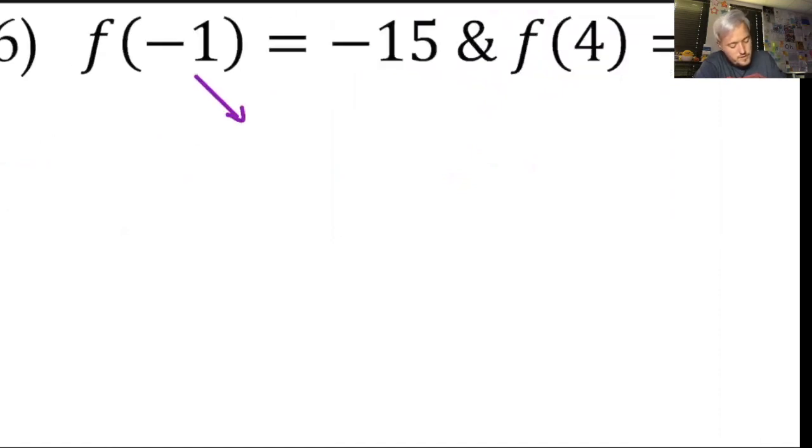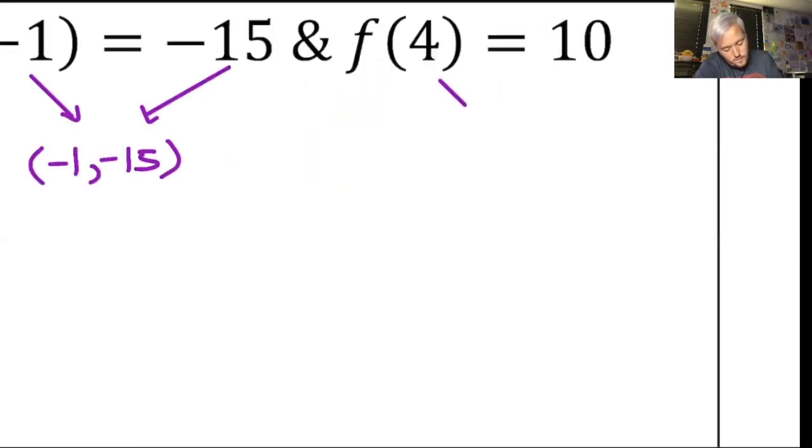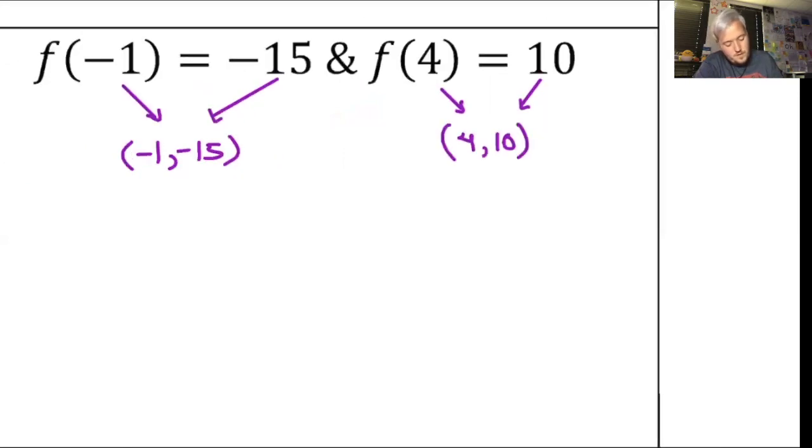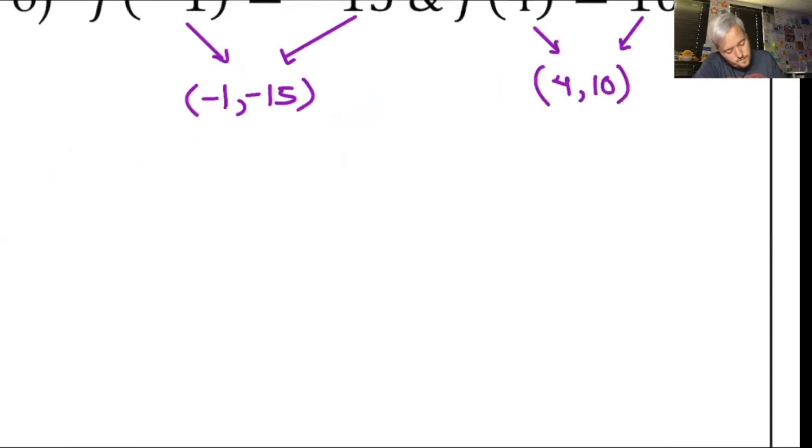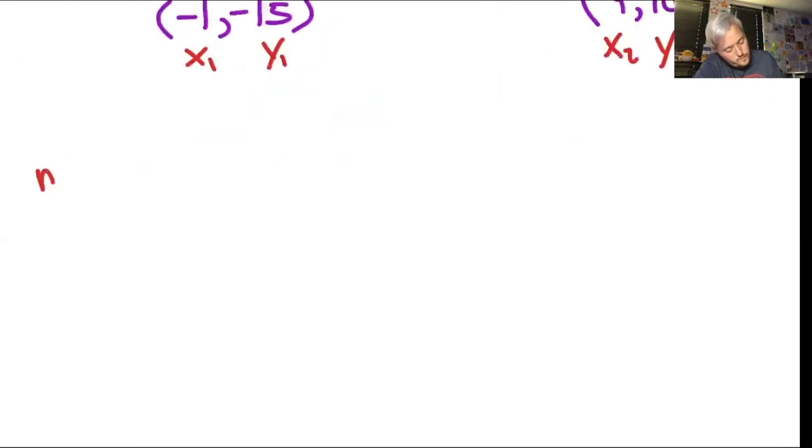So we have our function notation. So I'm going to turn these into coordinates. So we have negative 1, comma, negative 15. And then we have 4, comma, 10. All right, so what I'm going to do here, so I'm going to do my slope formula.